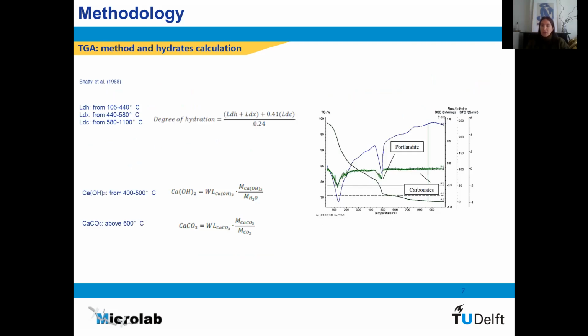So I don't need to go into detail regarding the thermogravimetric analysis methodology. I just wanted to mention that we use it to quantify the degree of hydration of the material prior to the carbonation exposure and to quantify the contents of portlandite and calcium carbonate before, during, and after carbonation.